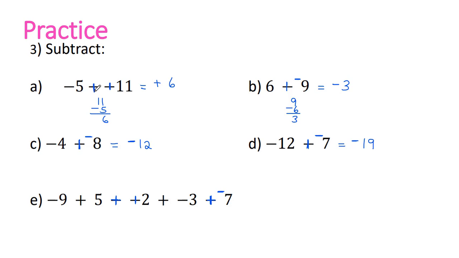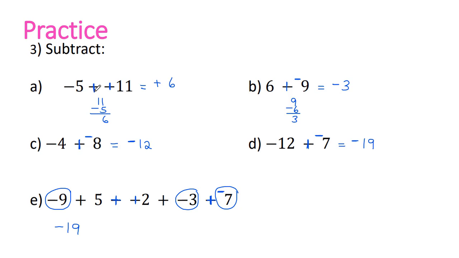Now we can combine our like terms. Let's put all the negatives together. 9 is negative, 3 is negative, and 7 is now negative. Negative 3 plus negative 7 is negative 10. Plus negative 9 is a negative 19.